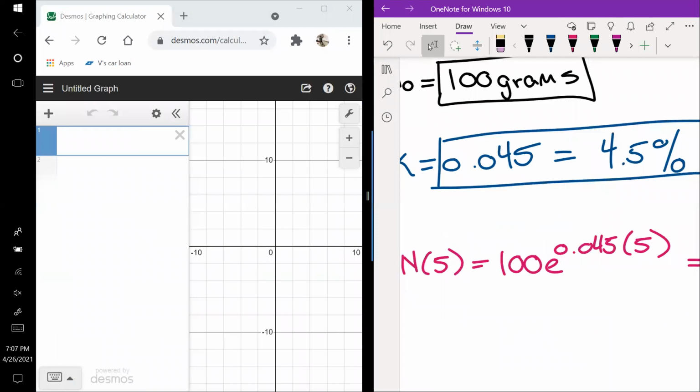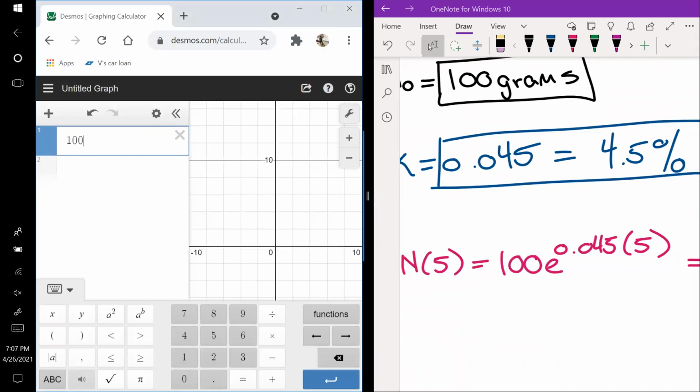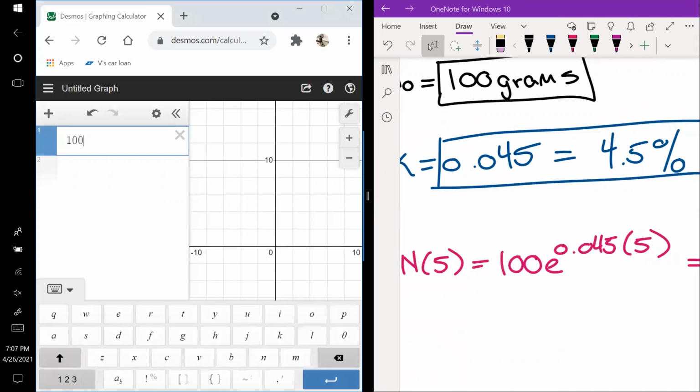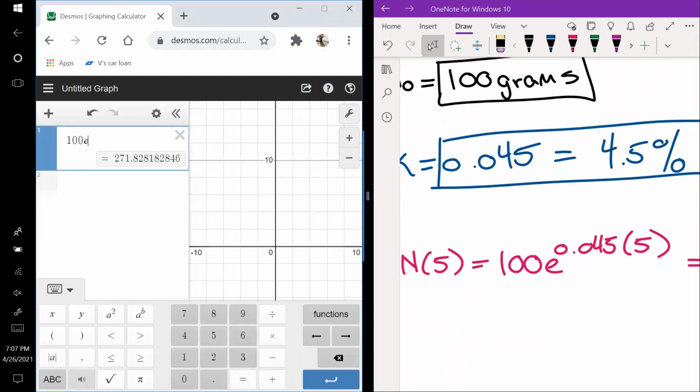All right. And I'm going to type it in just like I see it. So 100 e raised to the 0.045 times 5.